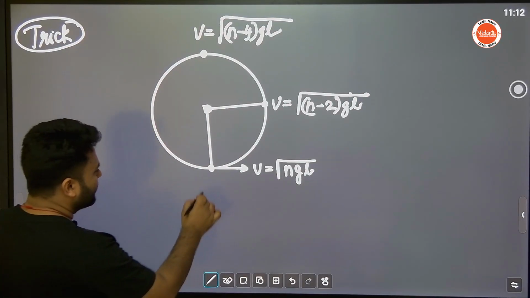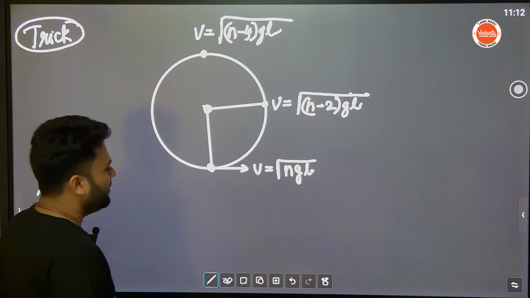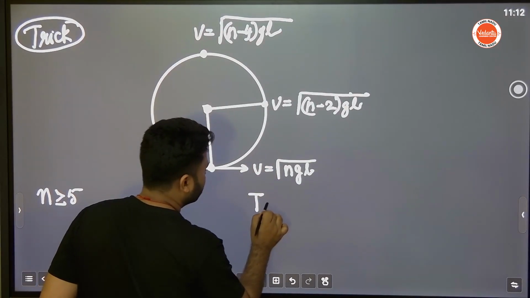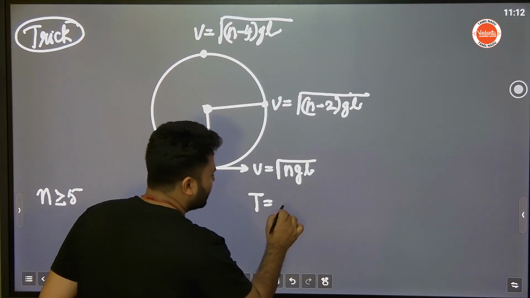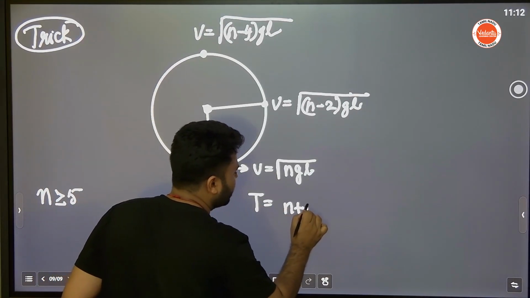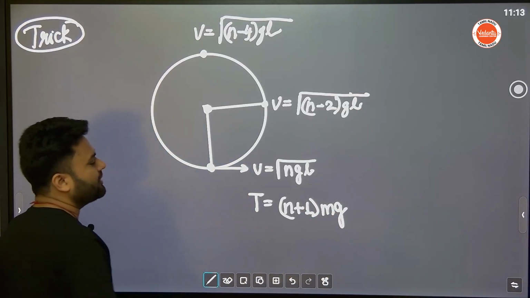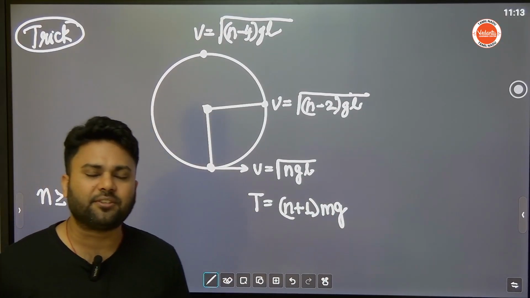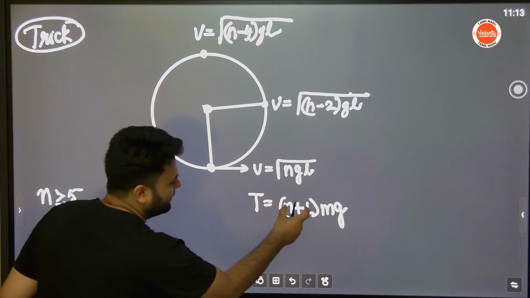They ask tension also. That if the speed is under root n gL, what is the tension here? See, if it is n, you write n plus 1 mg. The tension at the bottom will be n plus 1 mg. Now you subtract 3 from this term.